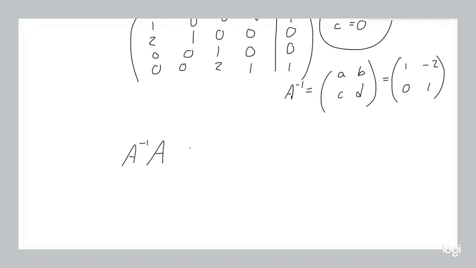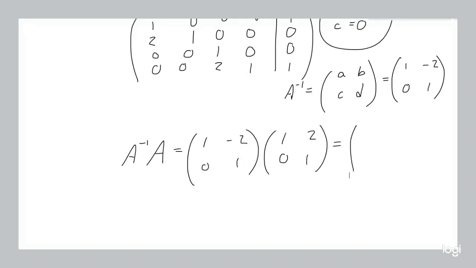So inverse of A multiplied by A, that's going to be 1, -2, 0, 1 times 1, 2, 0, 1. Let's see if that works out. We'll be taking the dot product between these rows and these columns. Let's take the first one: 1 times 1 is 1, plus negative 2 times 0, that's 0.